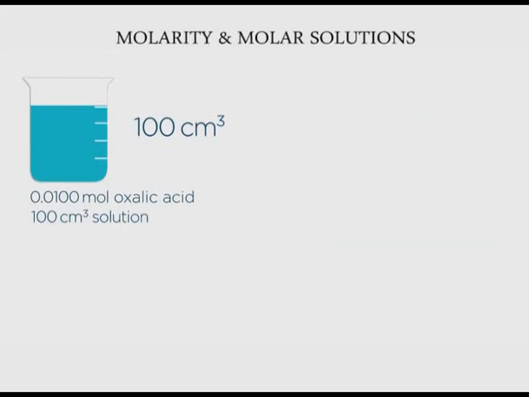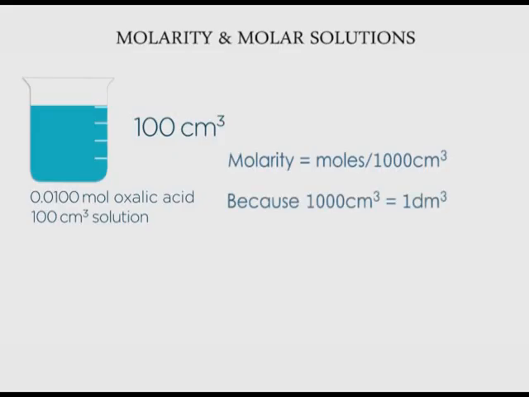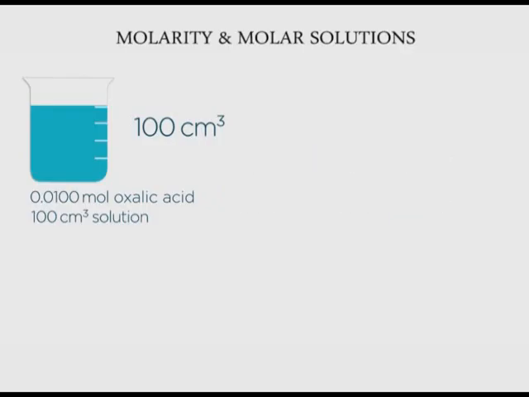But you can still work with cubic centimeters. Molarity is also equal to moles per 1,000 cubic centimeters. Why? Because 1,000 cubic centimeters is equal to 1 cubic decimeter. So in our solution, 0.0100 moles are contained in 100 cubic centimeters.